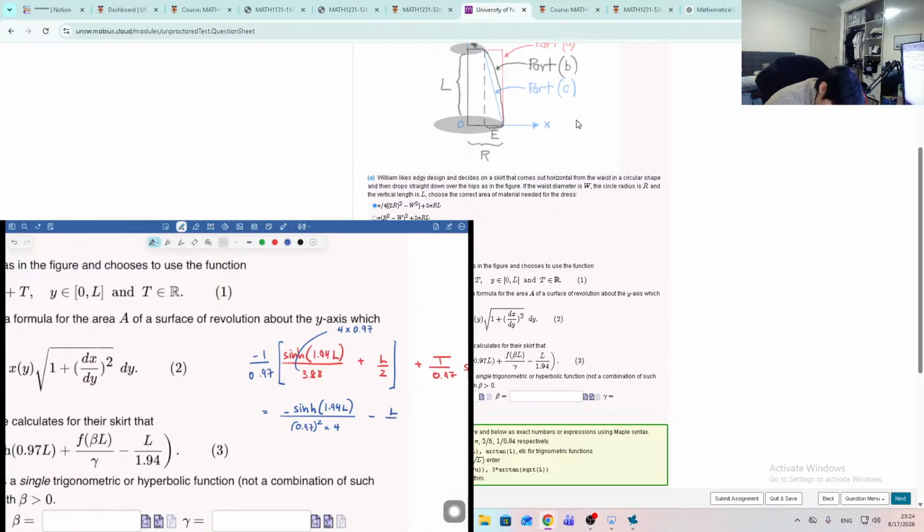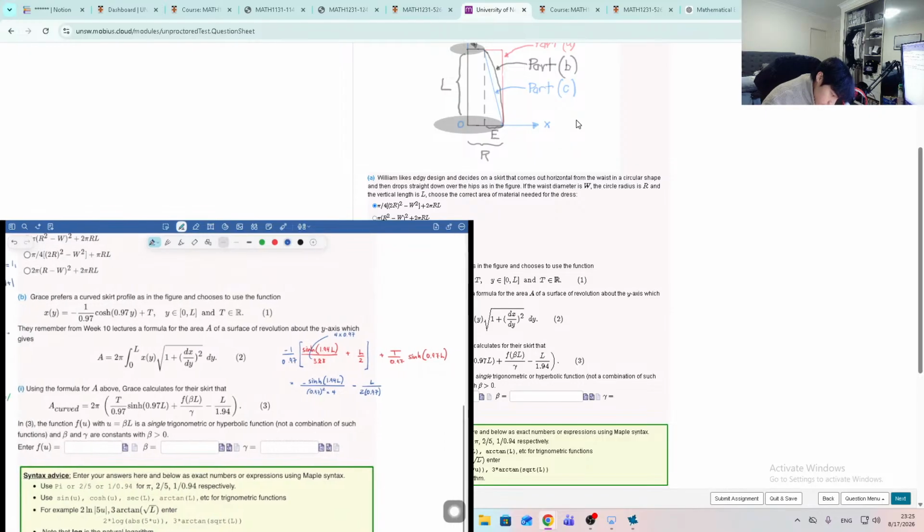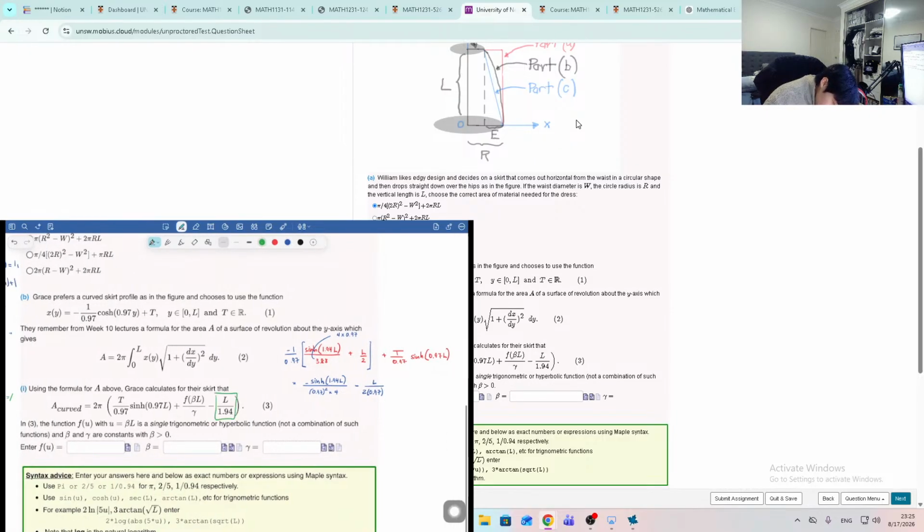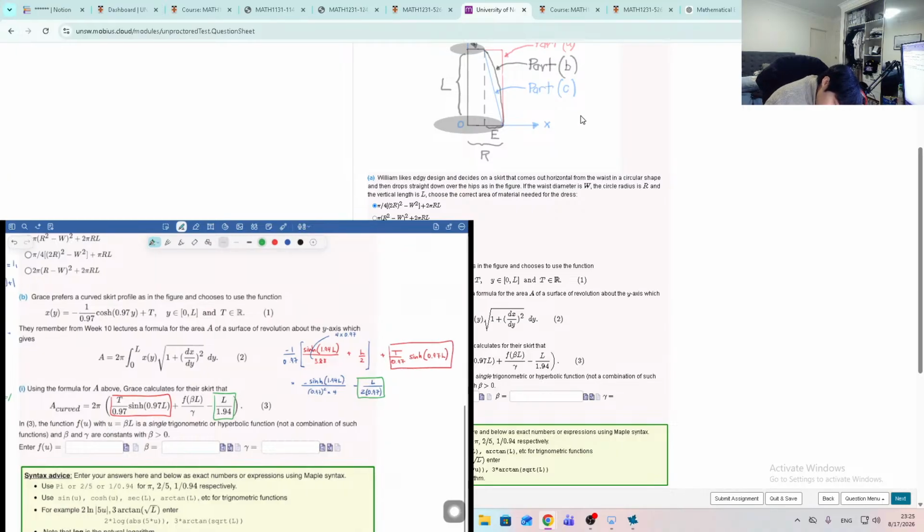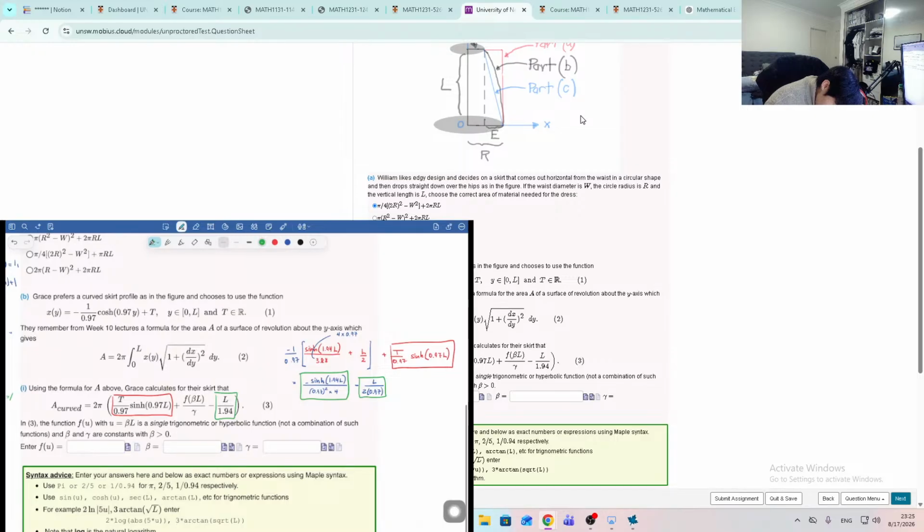Minus L on 1.2 times 0.97. Basically. Right? So this matches. This matches.